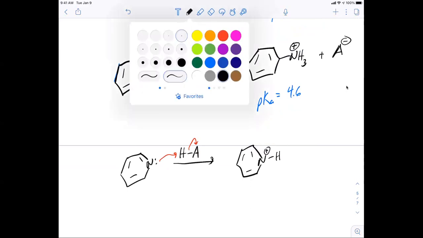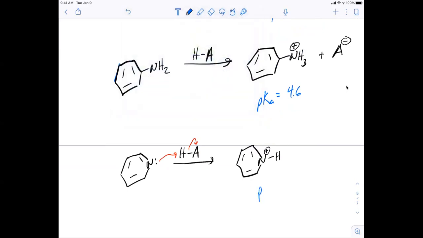And for pyridine, we get a pKa of 5.3, right? So an amine is a better base than the aniline and is a better base than the pyridine. We use pyridine as a base because pyridine is also not nucleophilic, where an amine would be nucleophilic. Okay, questions about pKa's?